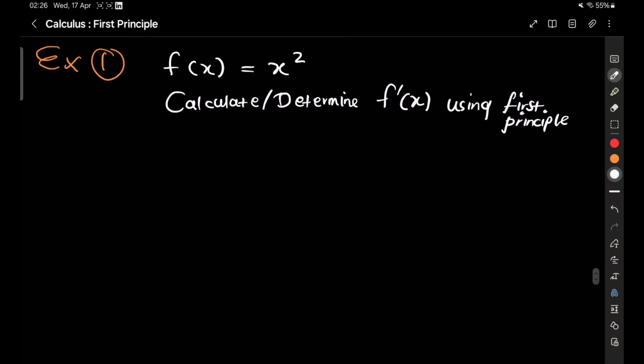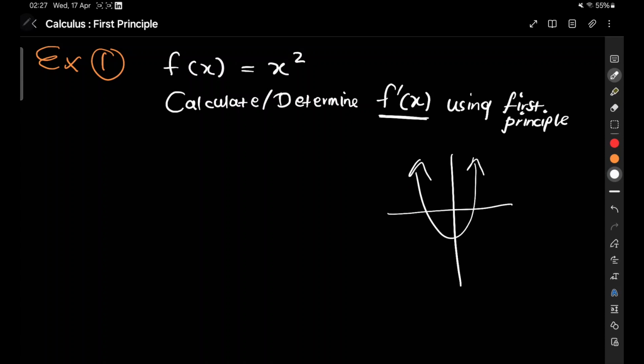So here we are given an example. We are told that f of x is equal to x squared, and from that we're told to determine the derivative, which is represented as this, using the first principle. If we were to visualize the graph that we're given, we know that it's just a parabola, like this.